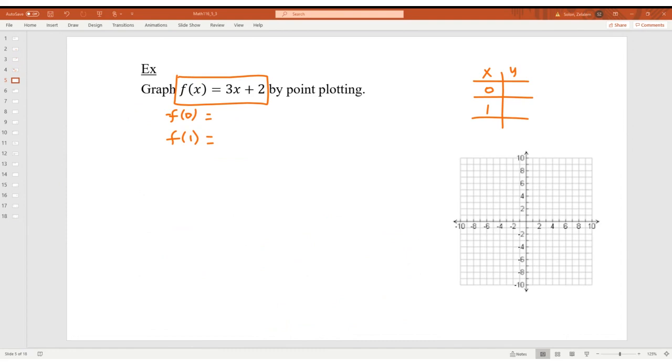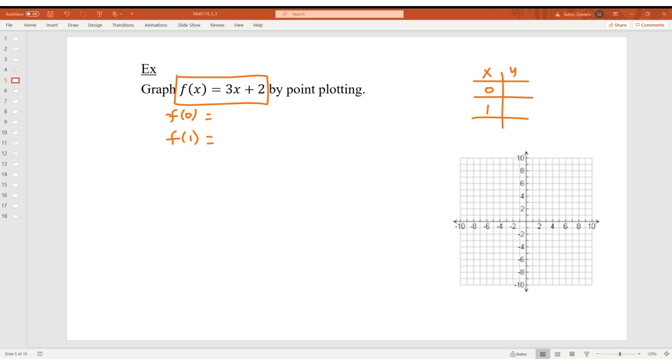What is f of 1? Just plug in 0 into the function and plug in 1 into the function. Two and 5, exactly. Yes, that's correct.